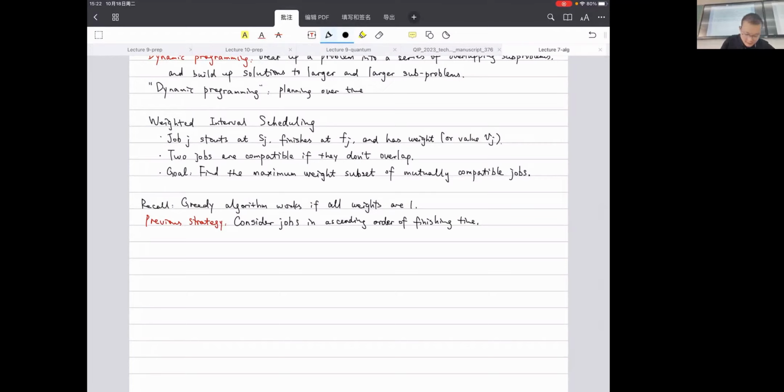After having this ascending order in terms of finishing time, we just add a job to the subset if it is compatible with previously chosen jobs.